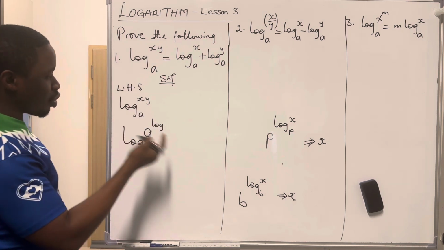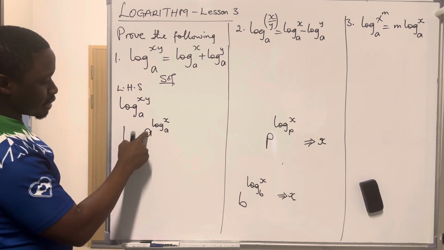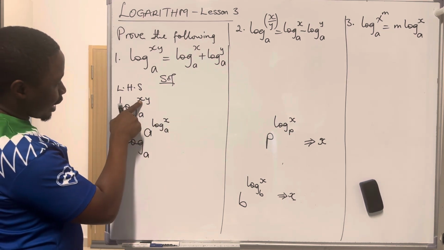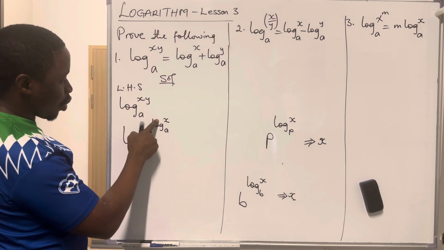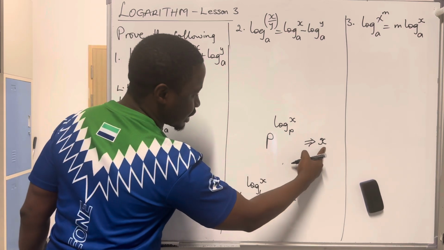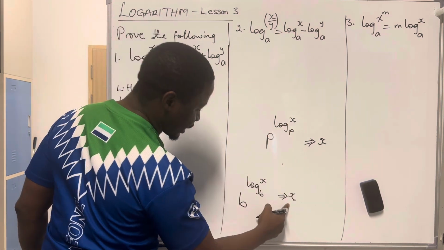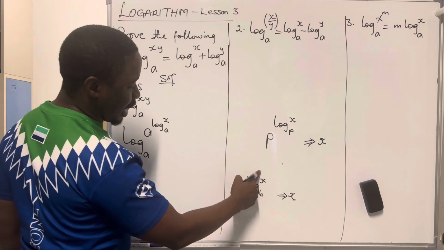This log has a number which is already x, and the base is this one here. So x is equal to a raised to log of x base a. Or x is equal to b raised to log of x base b.